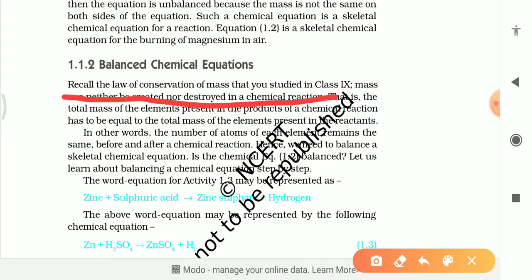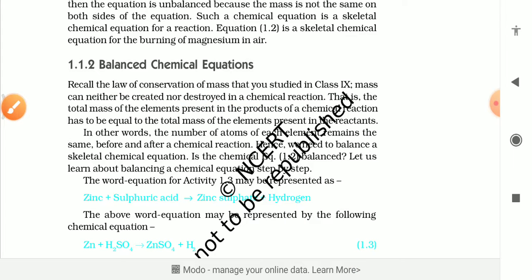This law of conservation of mass says that mass can neither be created nor destroyed in chemical reactions. The total mass of the elements present in the products of a chemical reaction has to be equal to the total mass of the elements present in the reactants.